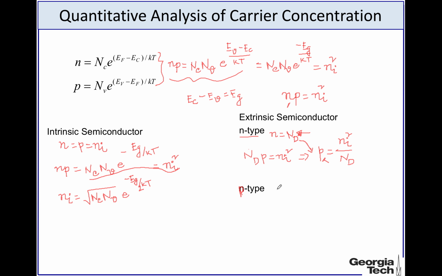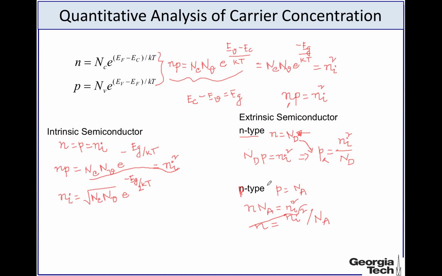On the other hand, if you have a p-type material, your hole density should be equal to the acceptor density. So then you have n multiplied with Na equals Ni square. So your electron density in a p-type material is Ni square divided by Na.